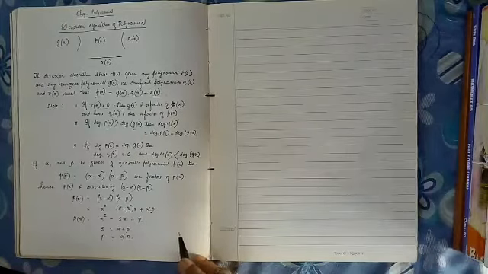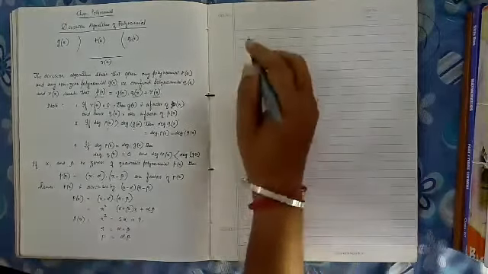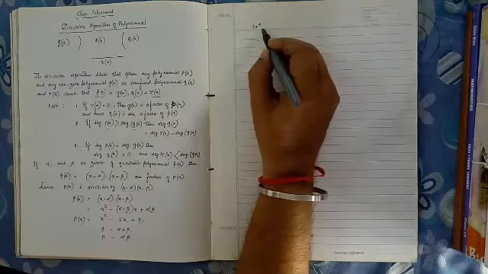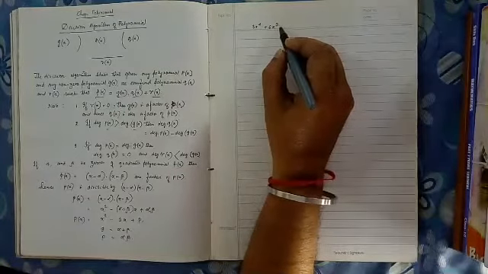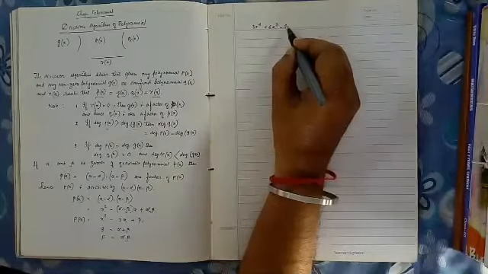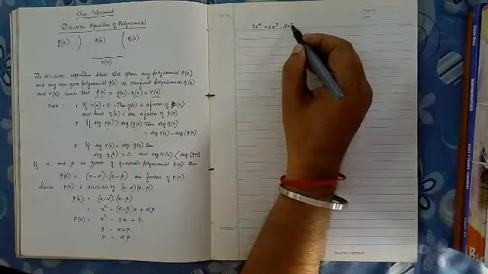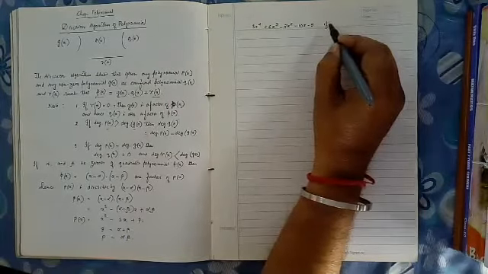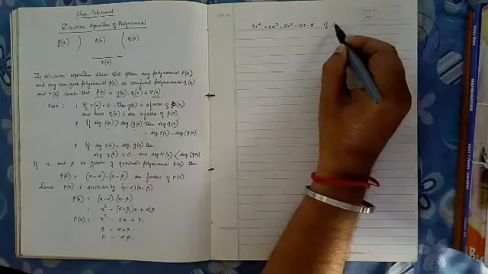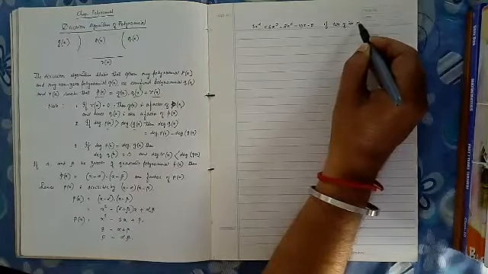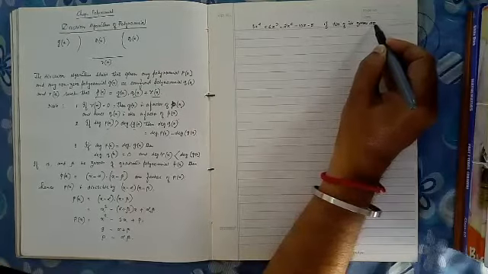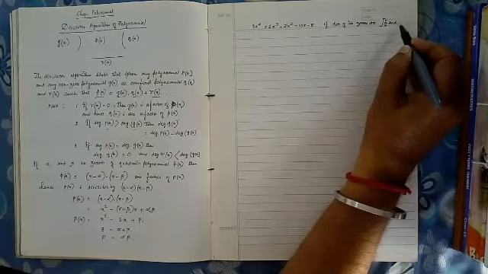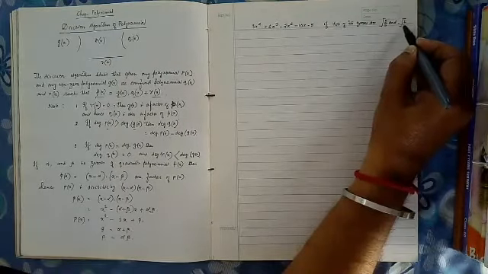Suppose you are given a question: obtain all zeros of 3x to the power 4 plus 6x cubed minus 2x square minus 10x minus 5, if two of its zeros are under root of 5 by 3 and minus under root of 5 by 3.